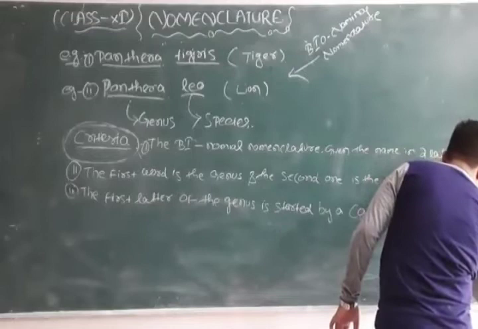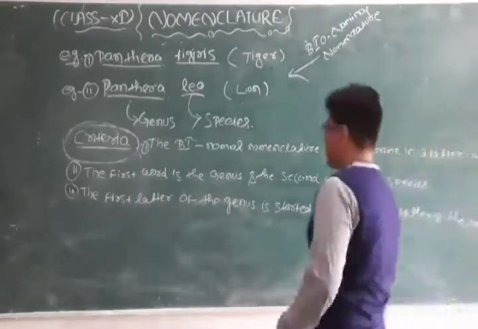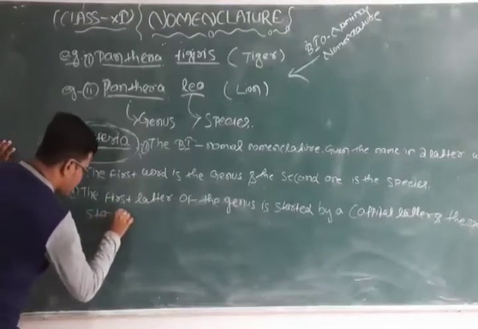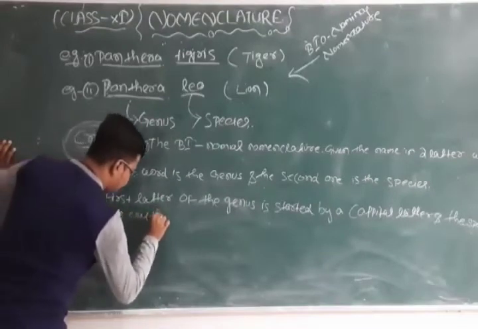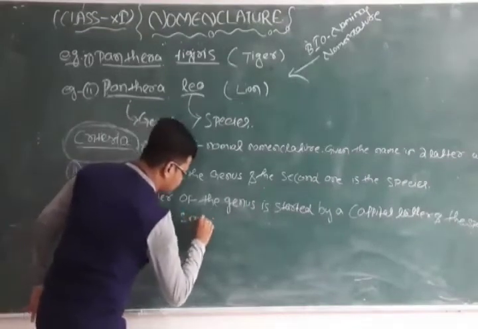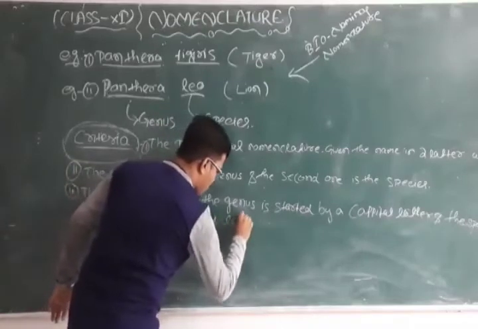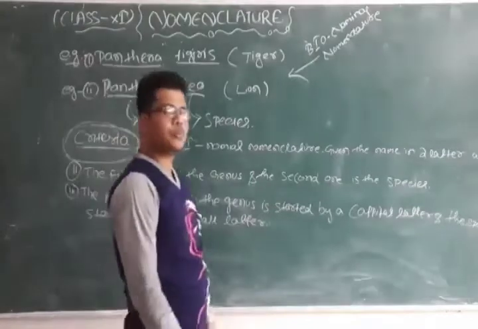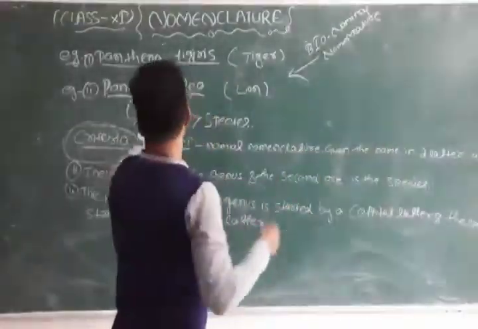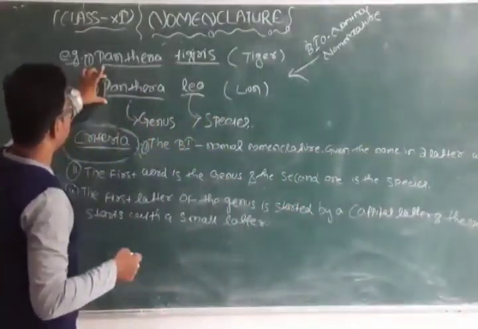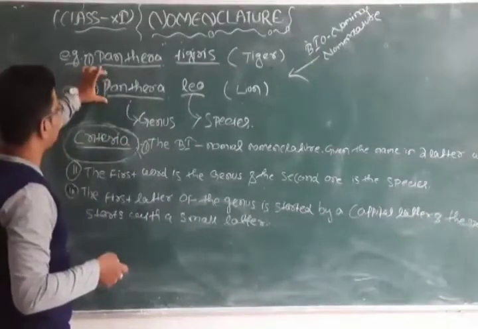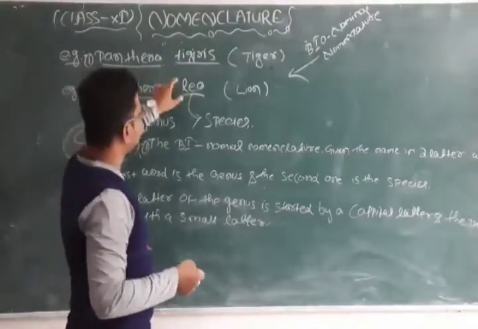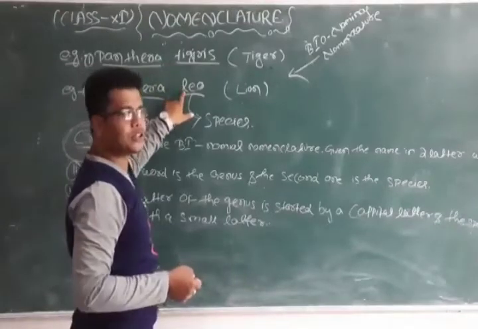The species starts with a small letter. So the first letter of the genus will be a capital letter, and in case of the species the first letter will be a small letter.